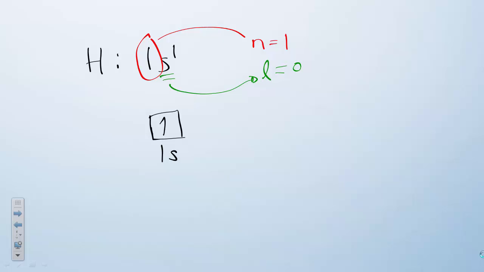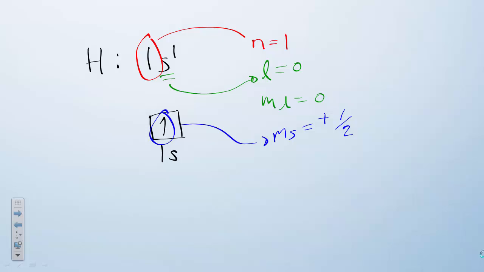We know from our quantum numbers that if l equals 0, then m sub l also must equal 0. No other choice. And then when we look at this upward facing arrow, this tells us that m sub s is equal to plus 1/2. So these are the quantum numbers that describe the location of this electron.